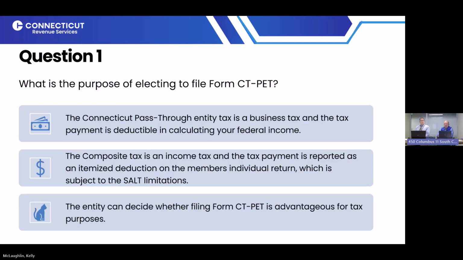Income taxes would be reported by members on their individual returns and could be deducted as an itemized deduction, and that would be subject to the SALT, or state and local tax, limitations. So each entity can decide on its own whether filing the form CTPET is advantageous to their own tax planning purposes.